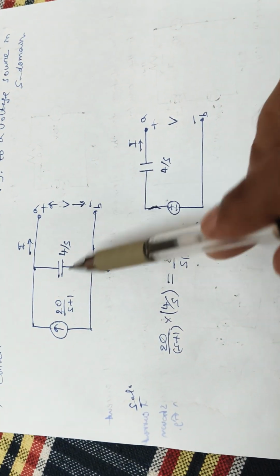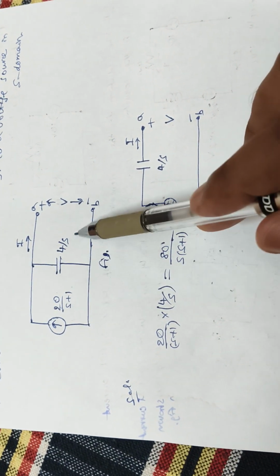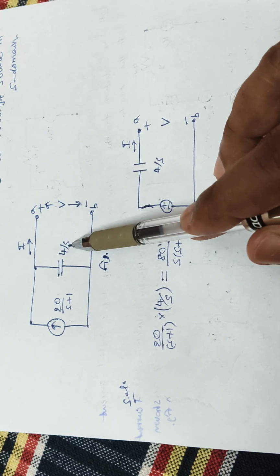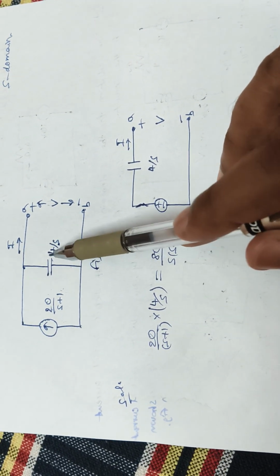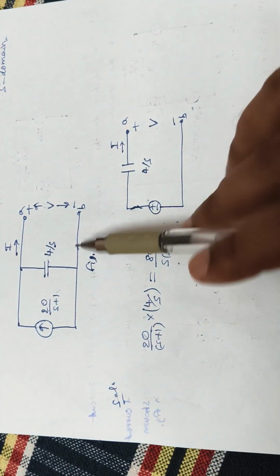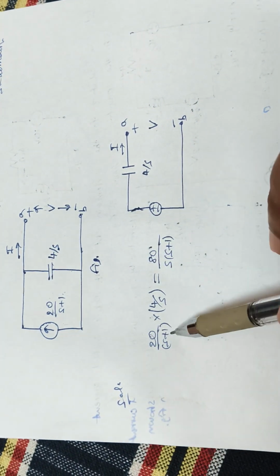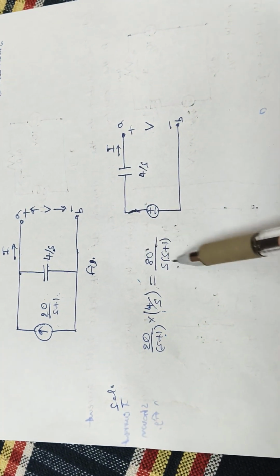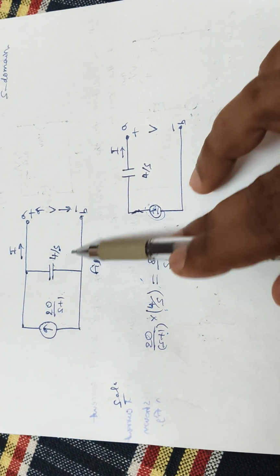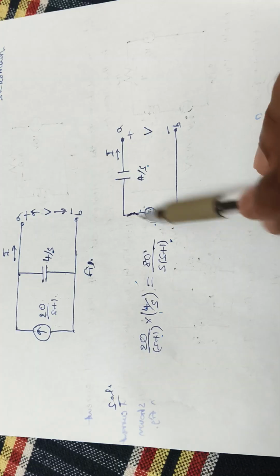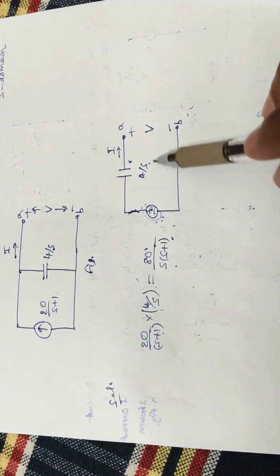How do we convert this current source into a voltage source? The current needs to be multiplied with the impedance, and the impedance is connected in series with that voltage source. Multiplying 20 by S plus 1 into 4 by S gives 80 by S into S plus 1. The voltage source is in series with the impedance 4 by S.